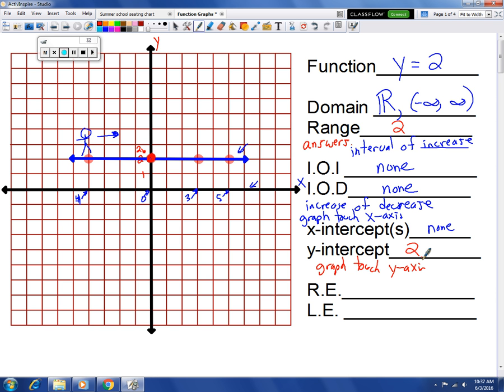Okay, RE is my shorthand for right end behavior. So what would the graph of this function do as you go way to the right on the x-axis?